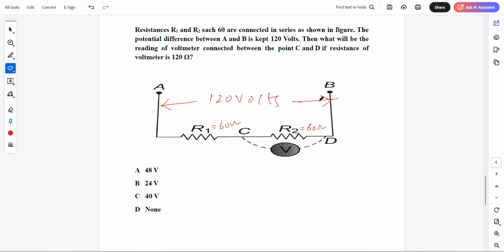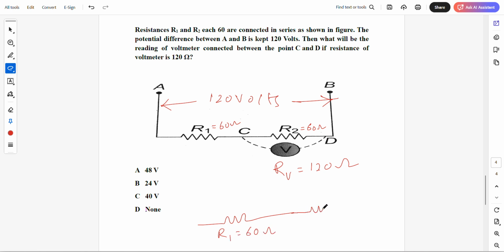Then what will be the reading of the voltmeter connected between the points C and D, if the resistance of the voltmeter is 120 ohm?